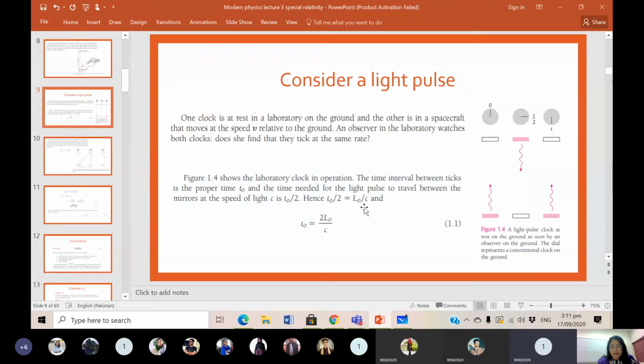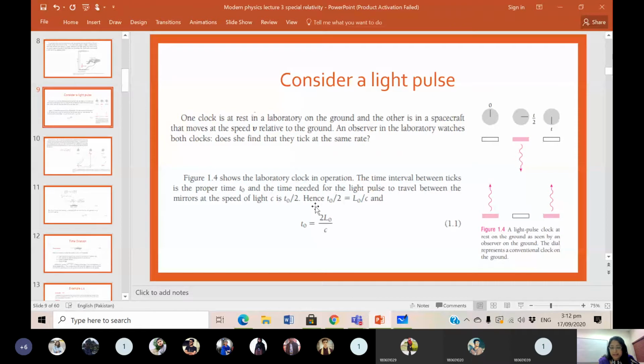Okay, so what I'm saying is that t0 divided by 2 is the time taken to move half the distance, yes? So t0 divided by 2 will be equal to L naught, which is the distance this way, divided by C, because this is the time taken to travel. Time is equal to distance divided by velocity, and it's moving at the speed of light, so we have this formula.